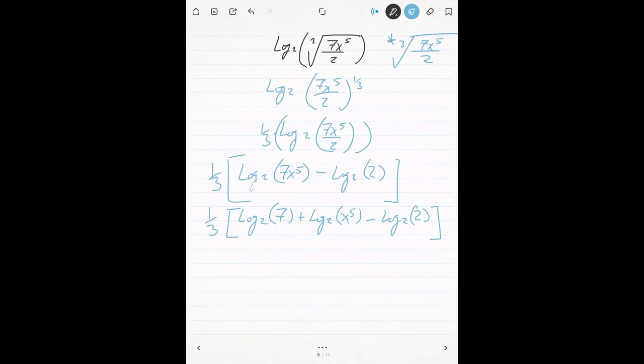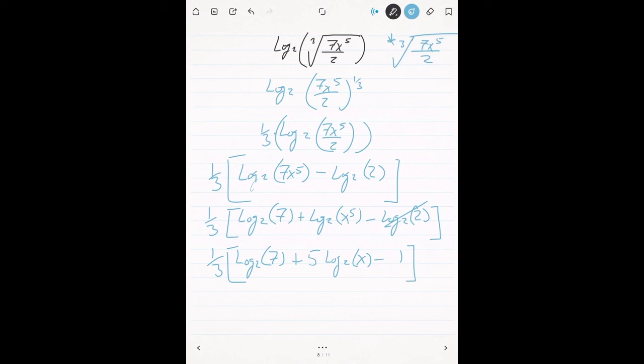Let's go ahead and see if any of these individual logs can break down. Well, first up, log base 2 of 7, right away I know that doesn't break down. 2 to what power gets me 7? Well, that's not going to be a whole number, so I don't need to worry about that. I do have an exponent here that I can bring out front to be 5 log base 2 of x. And minus, well, log base 2 of 2, that's just a 1.